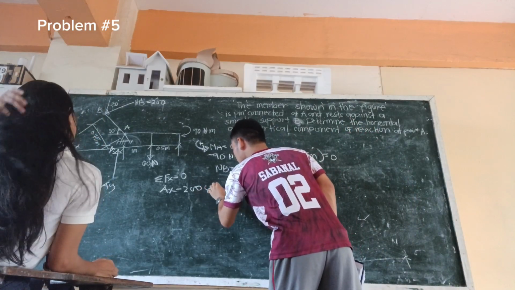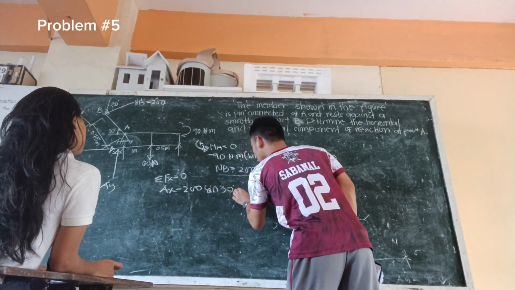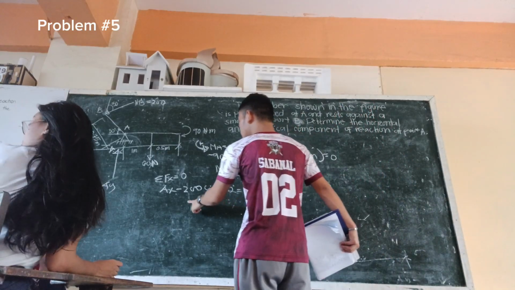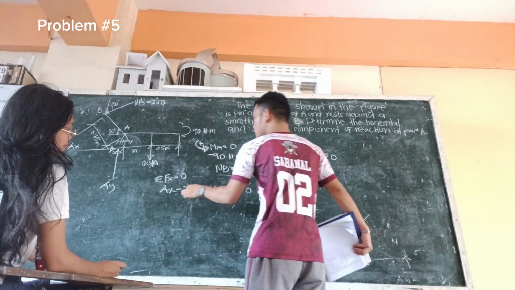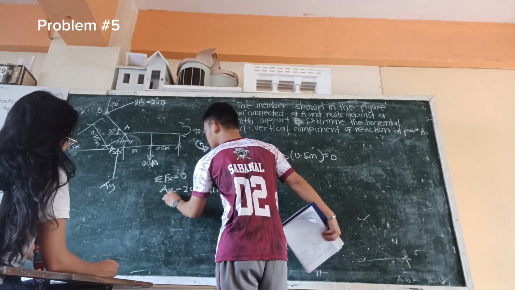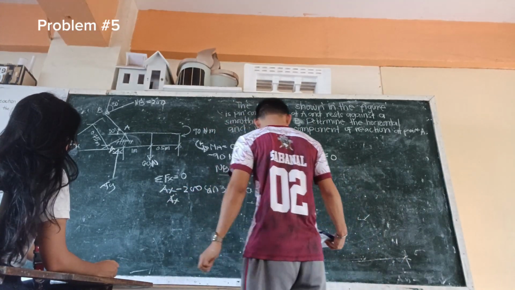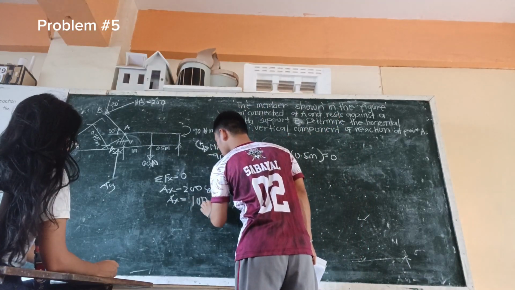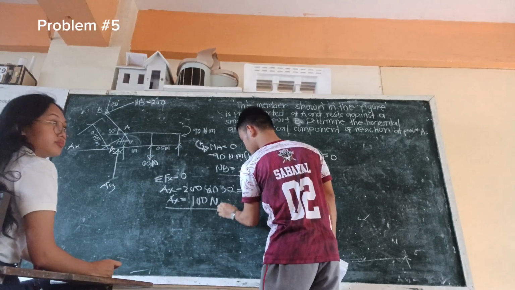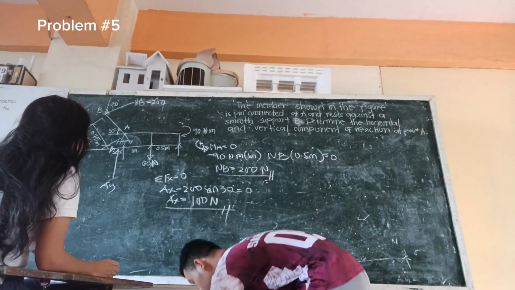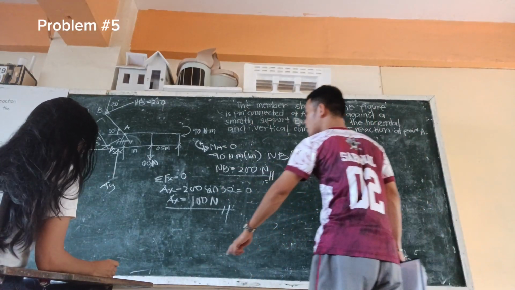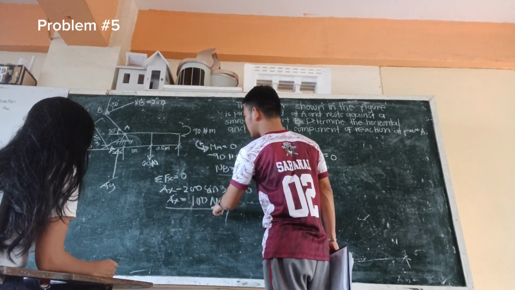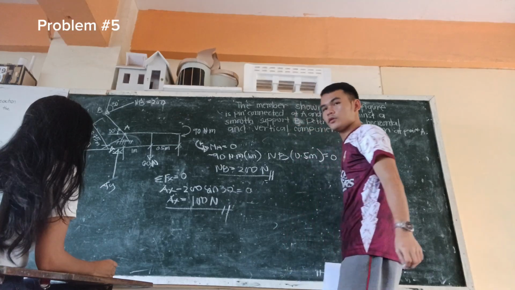So sine 30 degrees is equal to 0.5. If we calculate this using our calculator, we will have the answer of AX equal to 100 newtons. So now we have the value of our horizontal component, AX equal to 100 newtons.